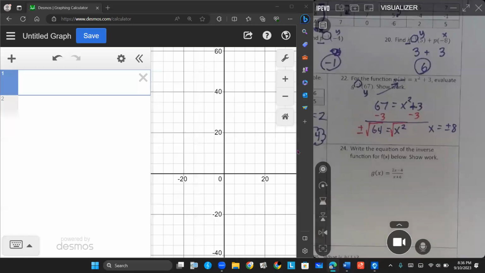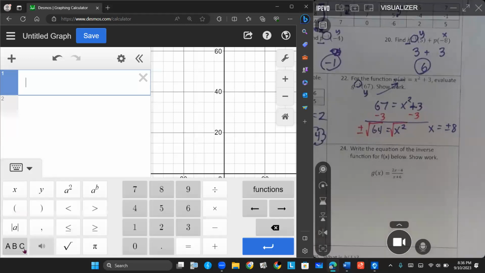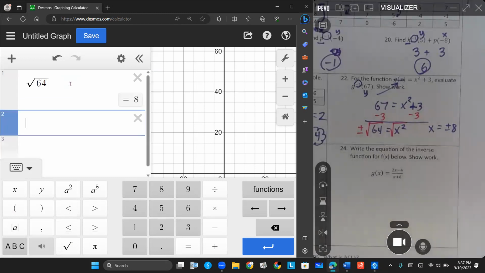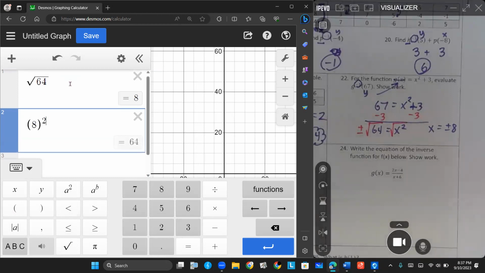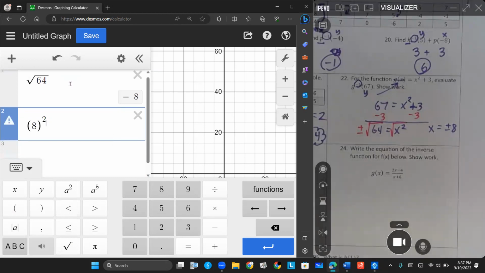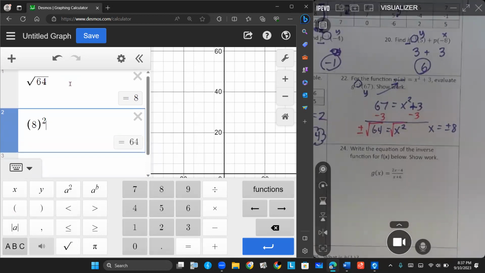Remember to do square root. You can go down here and pick the square root function, or you can simply type SQRT. So if I square root 64. Remember, a calculator will only give you the positive square root. So when you're going through that and you're plugging in 8, oh my goodness, you will get, assuming I can type this in correctly, 67.